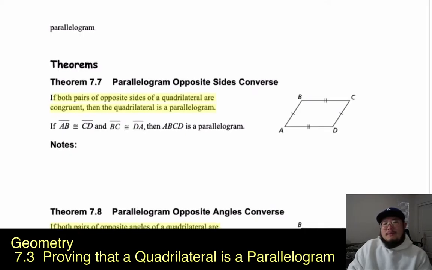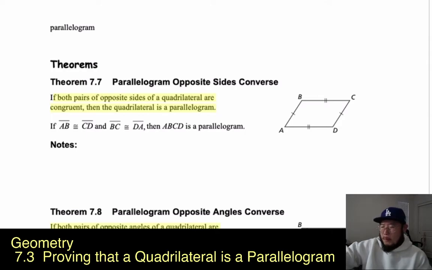Now, if you remember when we began dealing with proofs, we have the theorems and we have the converse. The converse is simply, once again, when we change the hypothesis and the conclusion, so the conclusion comes first and the hypothesis comes second. So it says right here, if both pairs of opposite sides of a quadrilateral are congruent, then the quadrilateral is a parallelogram.